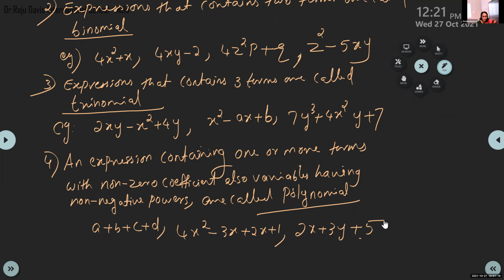All are polynomials. Polynomial with one term is monomial, with two terms is binomial, with three terms is trinomial, and in general we will call polynomials.